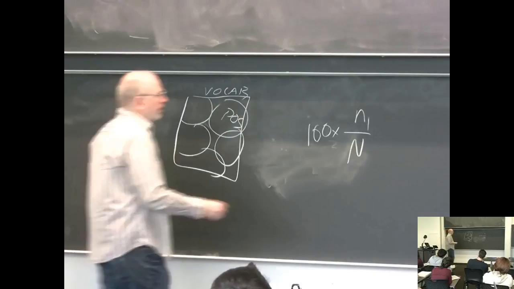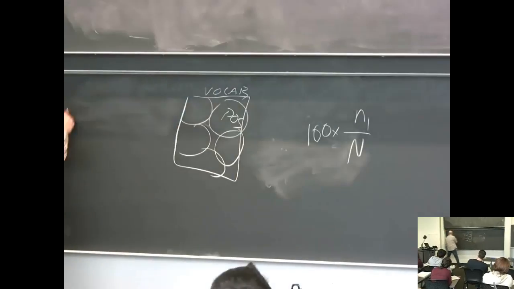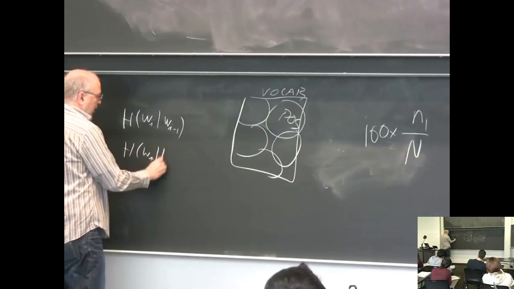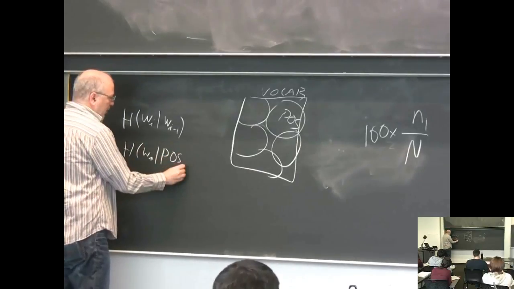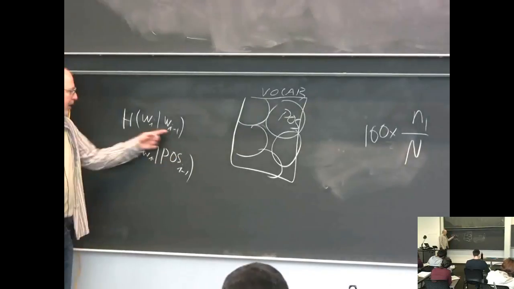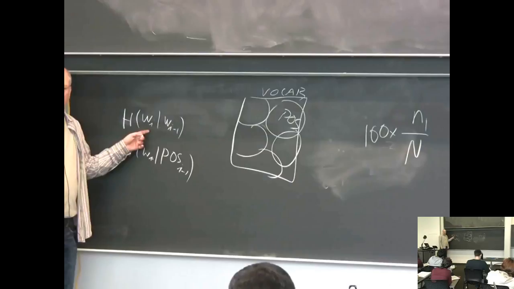So the conditional entropy, this was really about understanding information theory and conditional entropy. So the conditional entropy of word i given word i minus 1 versus, say, word i and part of speech i minus 1, right? They both contain information about this word.